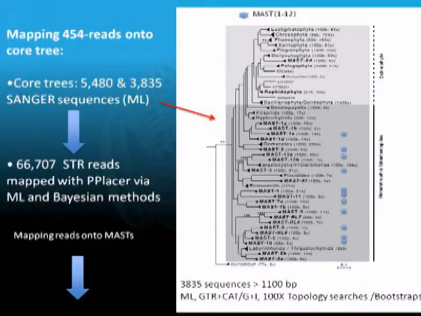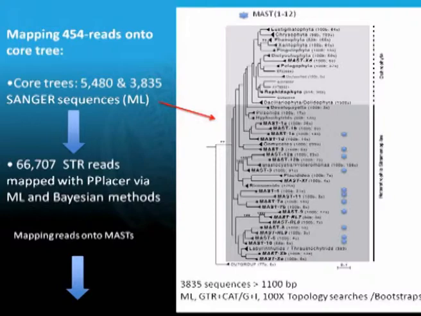And in this case, now I come back to what I was mentioning about trees at the beginning. This is the result of the mapping of the Sanger reads into a core tree. So we produced a large tree with longer sequences, and then we mapped all these stramenopile reads onto that tree.